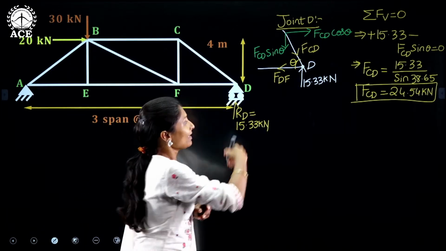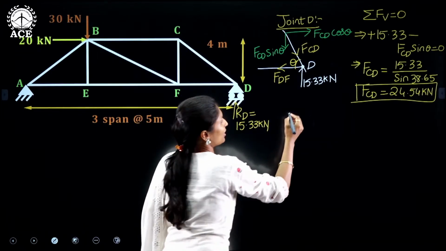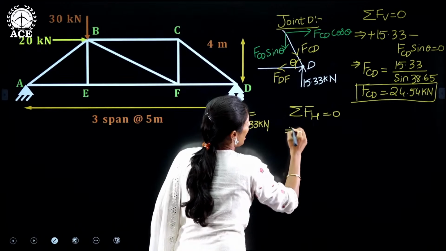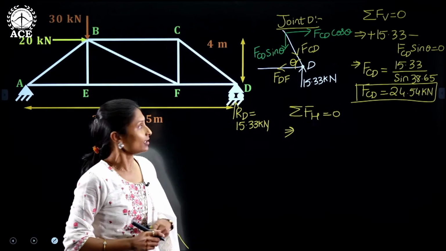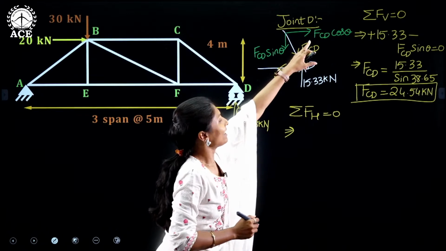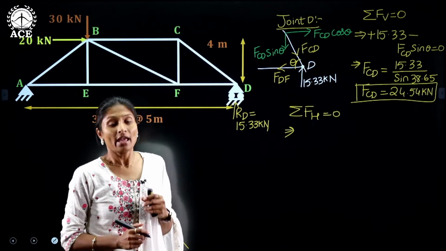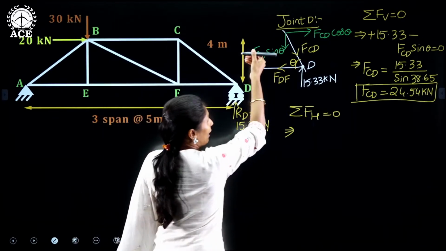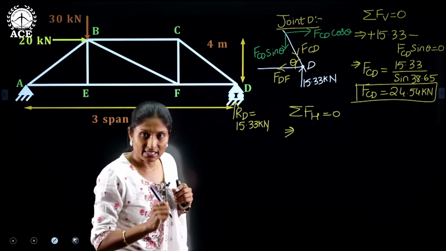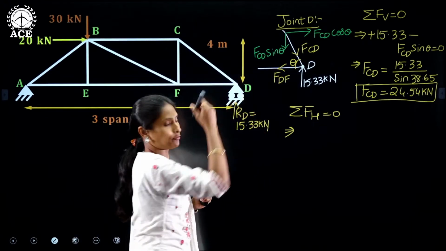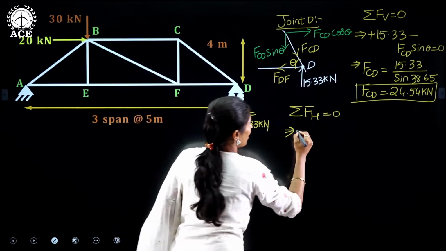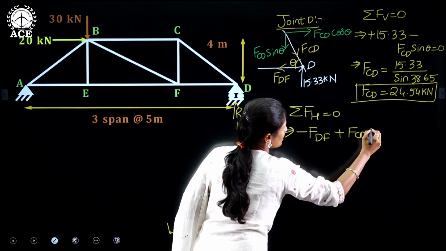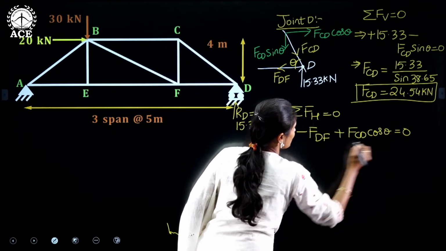24.54 kilonewtons. Then the other equilibrium equation we can apply here is sigma FH equals to 0. How many horizontal forces are there? There are two. One is FDF and the other one is FCD cos theta. According to my sign convention, FCD cos theta is positive and FDF is negative. So minus FDF plus FCD cos theta equals to 0.